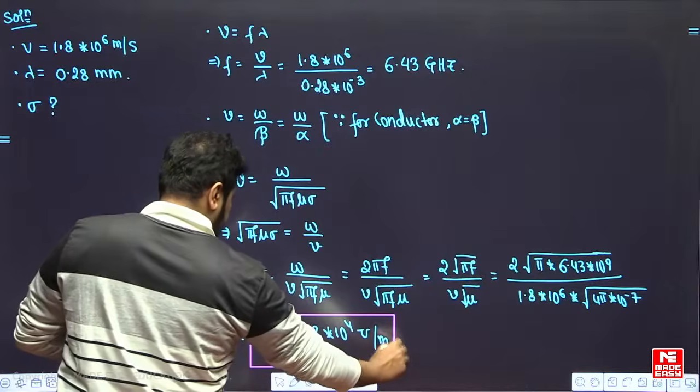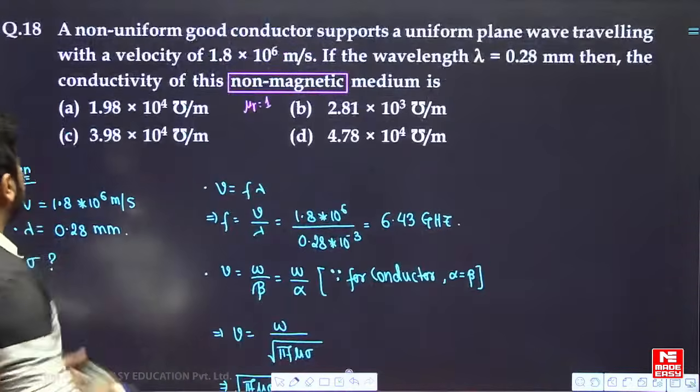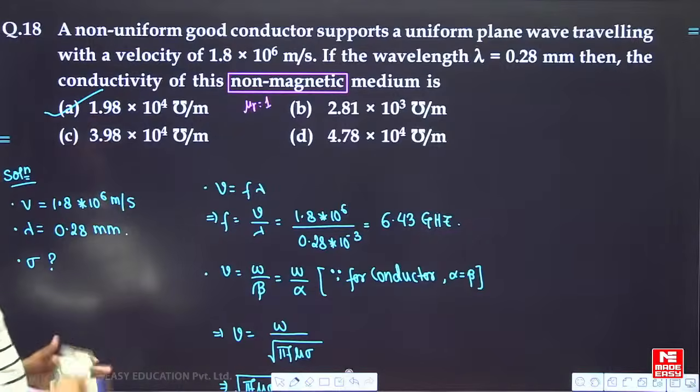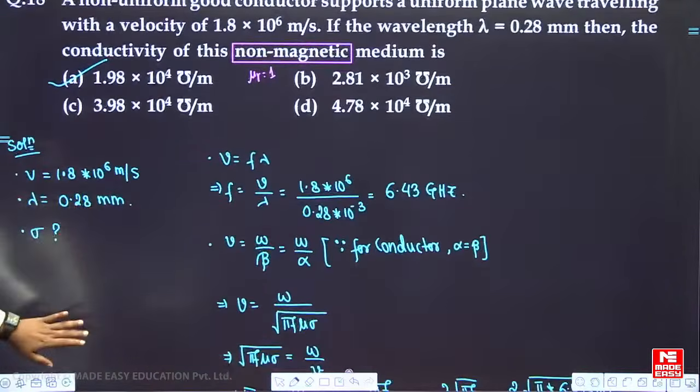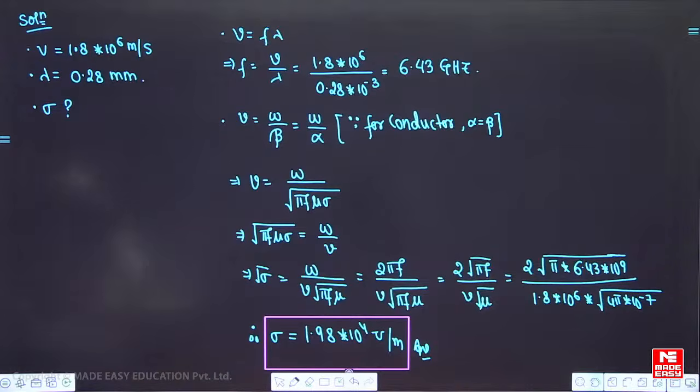This should be the answer. Let us check which option is correct. 1.98 into 10 to the power 4, yes, option A is correct.